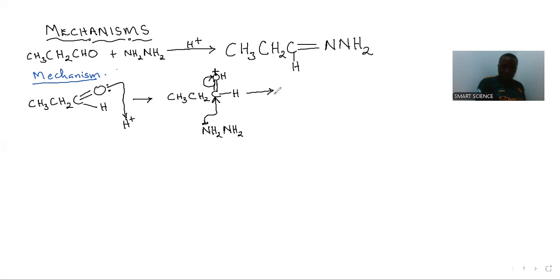So that will come up with a product which is CH3, CH2, carbon with OH. The hydrogen is spread out here, single bond, nitrogen, which is now positive. It has two hydrogens, but I'm breaking off one.